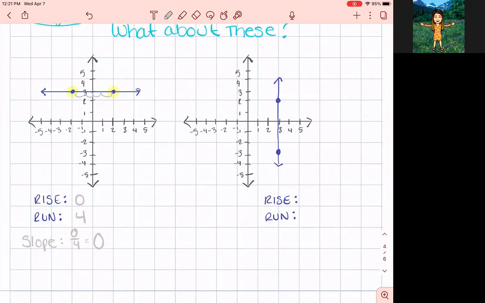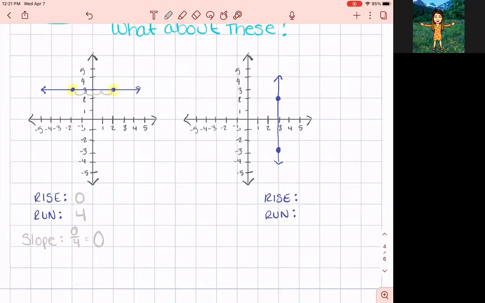So the slope of a horizontal line is always 0. It doesn't matter where that line is on your graph.